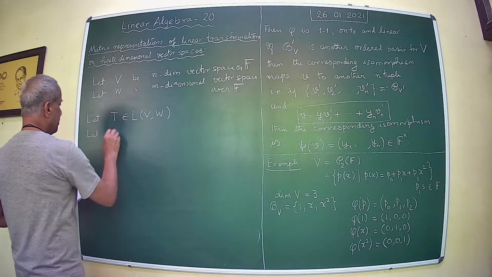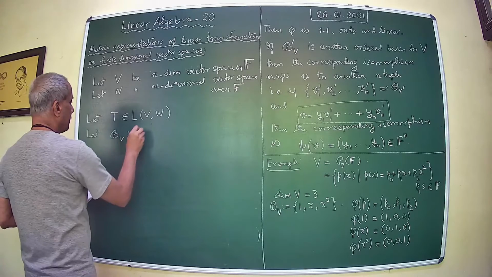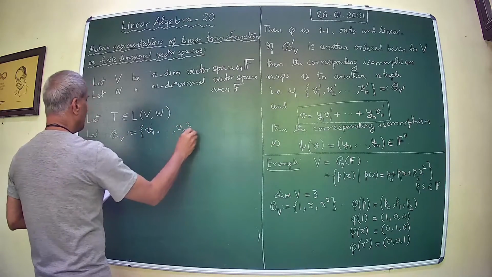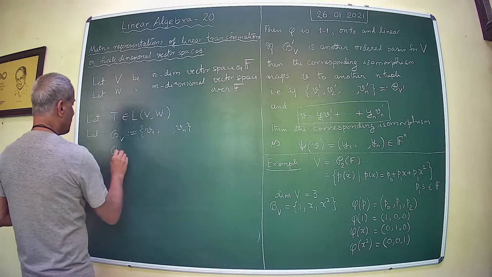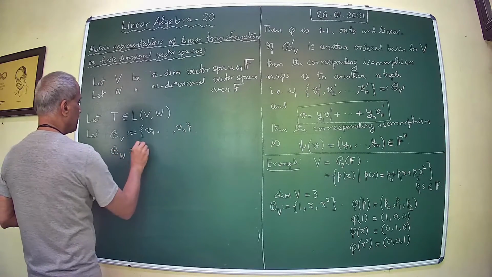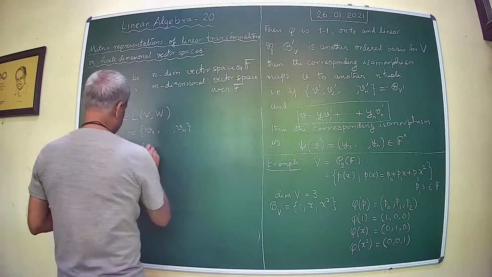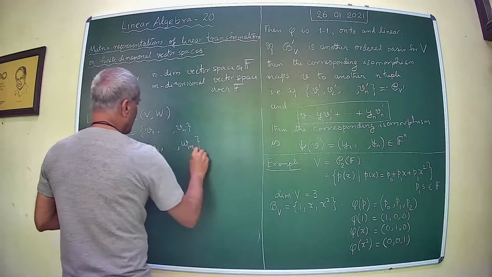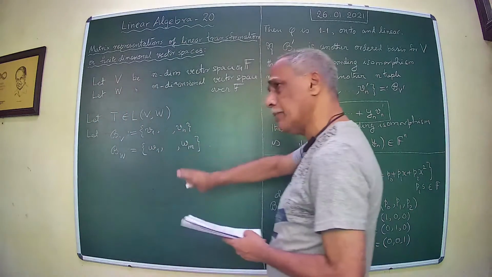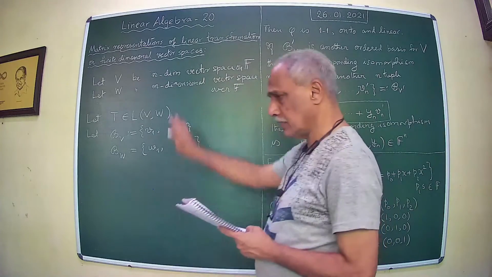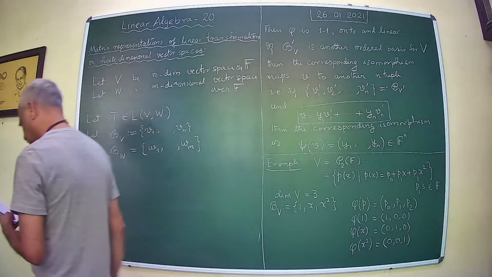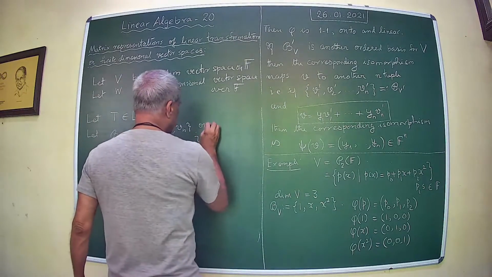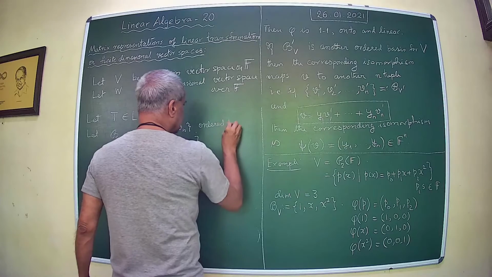So we take B_V, which has n elements, and B_W, which has m elements. They are linearly independent. They span the respective spaces. So this is an ordered basis.